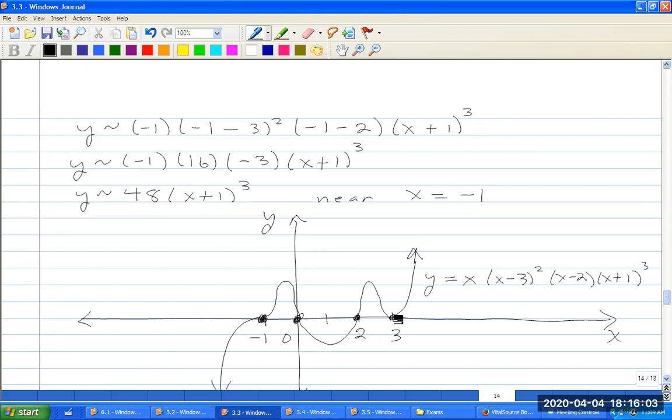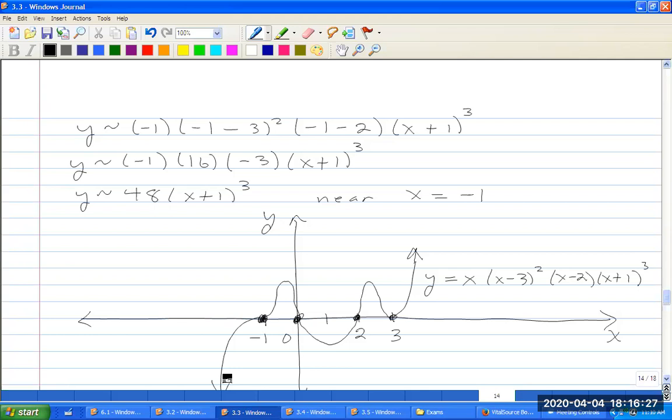I know that at 3, it is even multiplicity, so I know it bounces. Everything else is odd, so they go through. So bounce, goes through, goes through, goes through. So I get everything correct except here, where without looking at the asymptotic behavior, I would just go through as a regular graph.